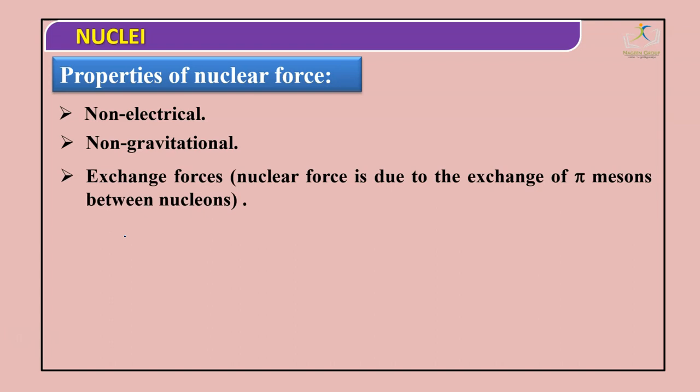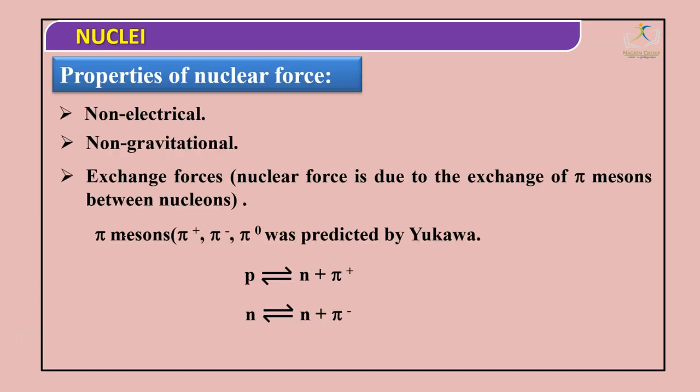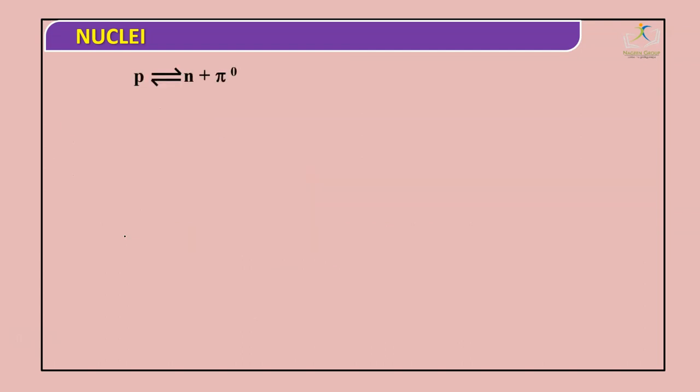Exchange forces: nuclear forces are due to the exchange of a pi meson between the nucleons. There are three types of mesons: pi plus meson, pi minus meson, and pi zero meson, which were predicted by Yukawa theory. For example, P ⇌ n + π+, and n ⇌ P + π−.